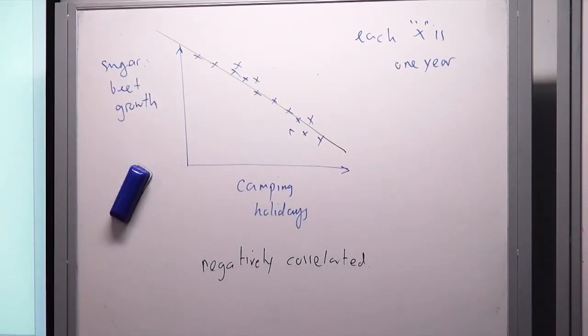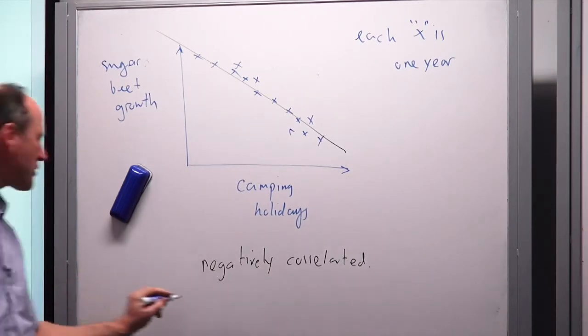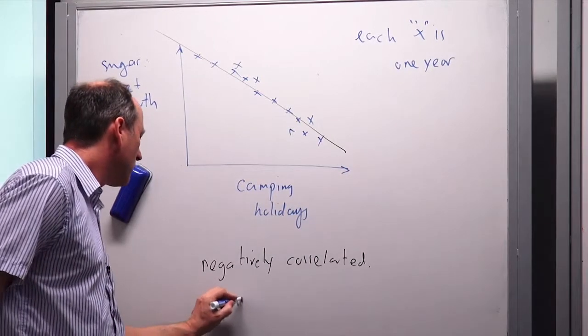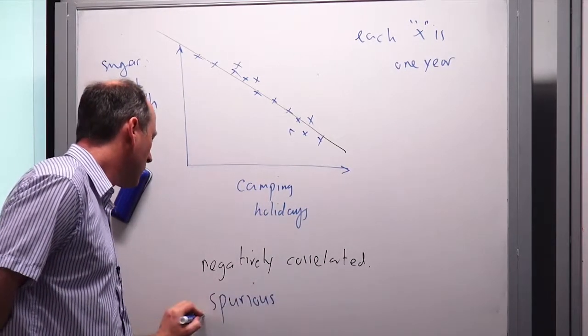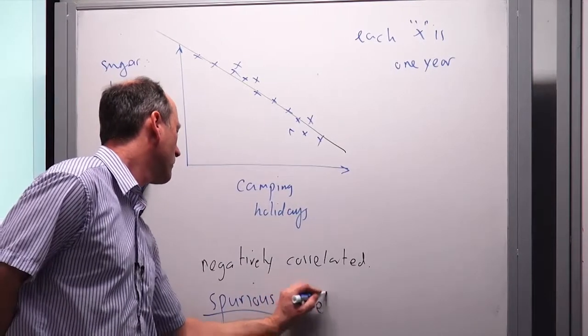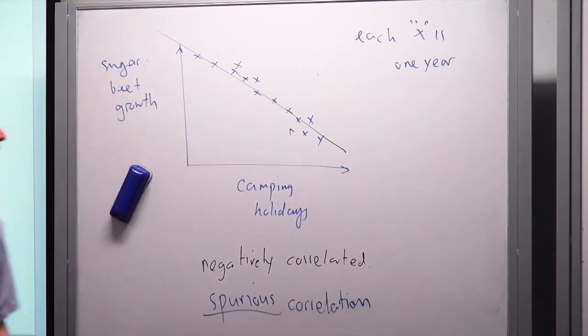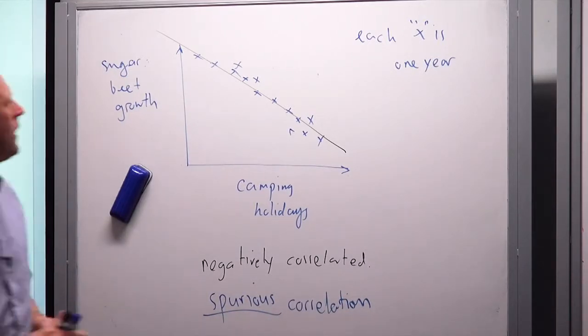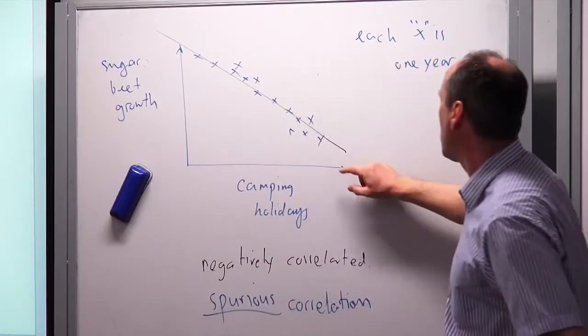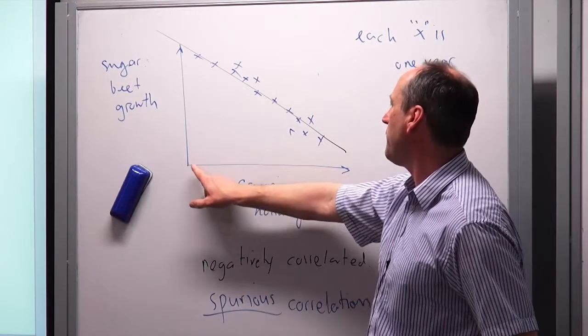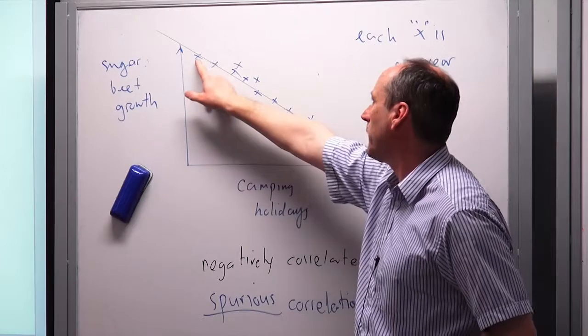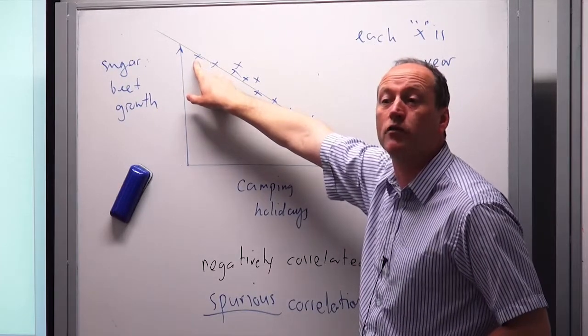What's happening here is a peculiar phenomenon called a spurious correlation. It's caused by the fact that in any given year, if it's raining a great deal, then the sugar beet grows very well, but nobody goes camping because it's raining.